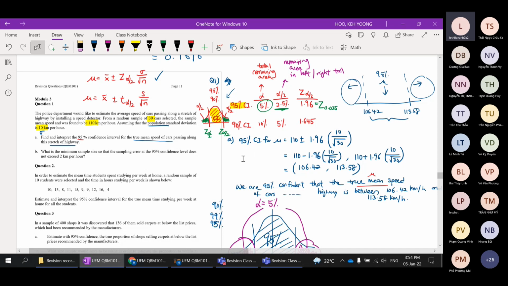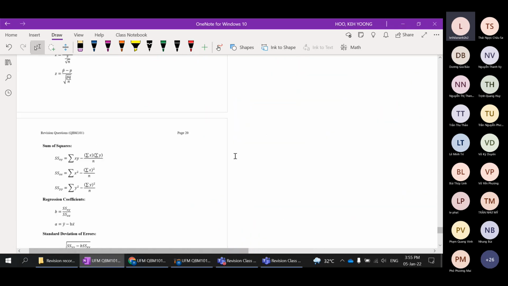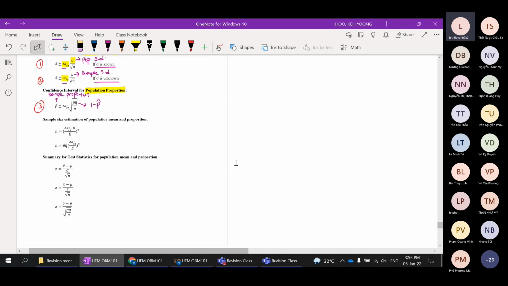Okay, question B. What is the minimum sample size so that the sampling error at 95% confidence level does not exceed 2 km per hour? So this is to find the sample size, the minimum sample size that you should collect. So refer back to the formula sheets.